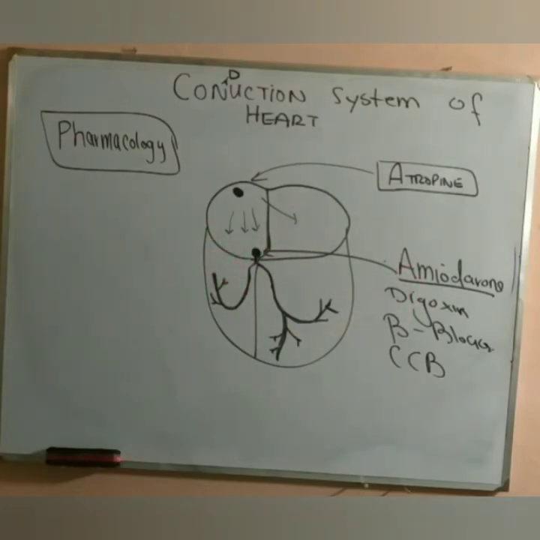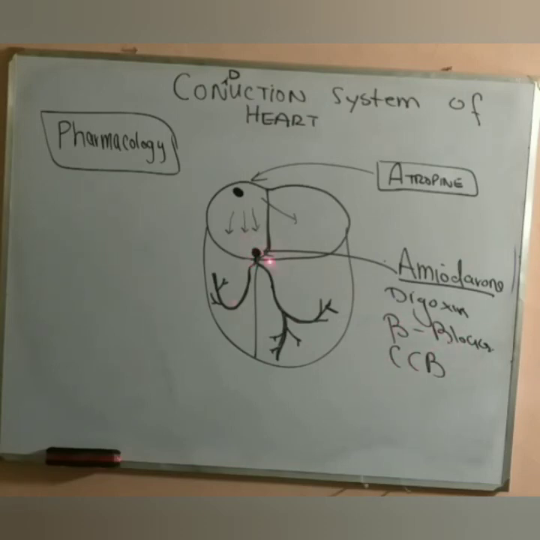How do they block it? They have their effect on the refractory period of the AV node. They prolong the refractory period of the AV node, and so they decrease the number of impulses passing through the AV node, and this is how they cause bradycardia. For example, in supraventricular tachycardias, why do we use calcium channel blockers and beta blockers?